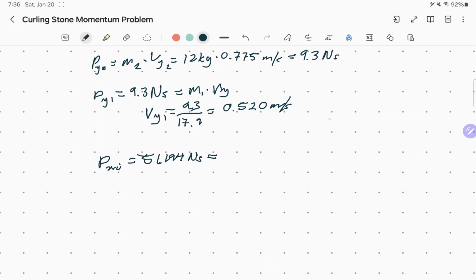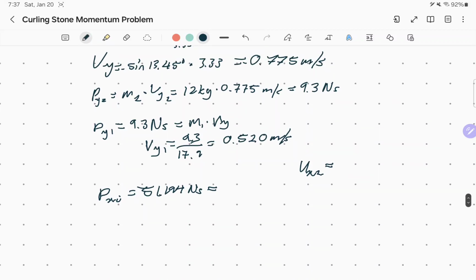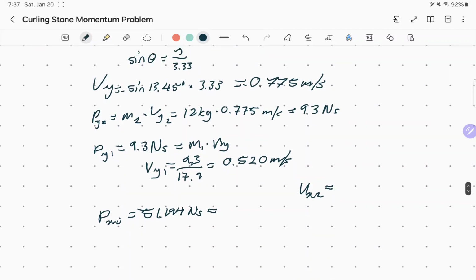We can label it as Vx of the second one. And this is a similar setup to Vy, but instead we use cosine 13.45 degrees times 3.33.